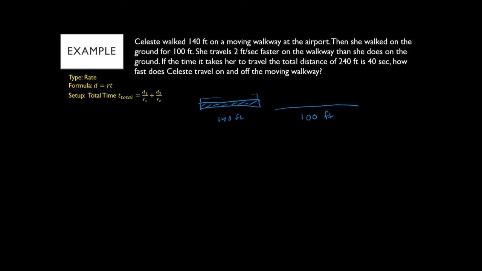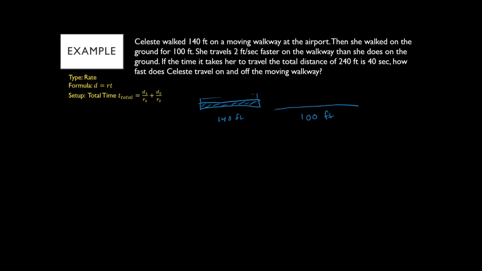And so we're adding these together because we're looking at a total that was traveled. So we're also looking at total time here because we're given the total time to travel is 40 seconds. So when you're finding a total, we're adding here. So this is a different type of equation because now we're adding our information together.